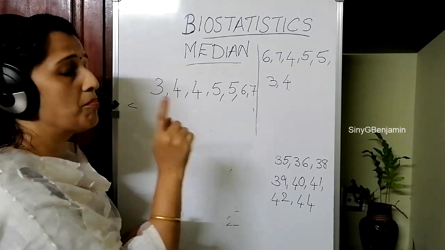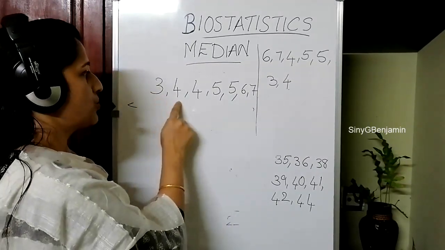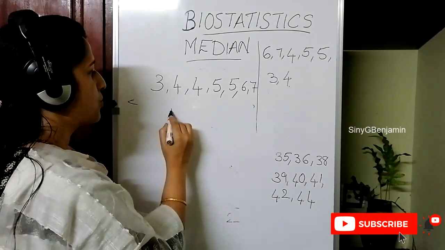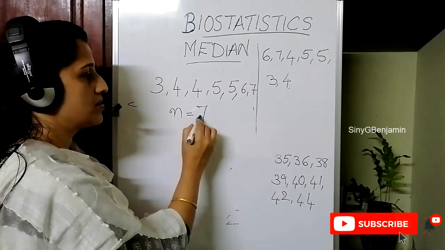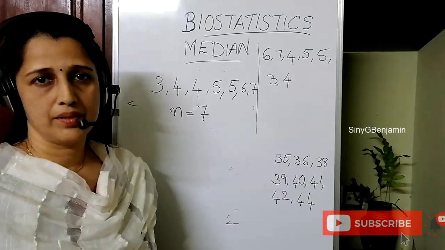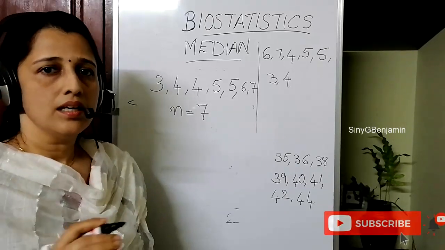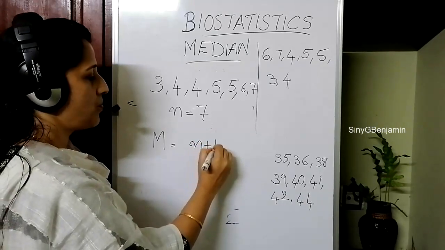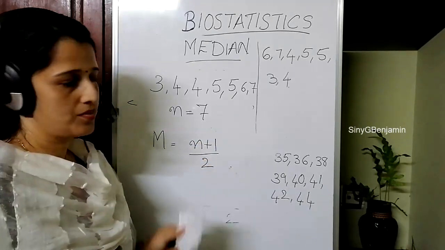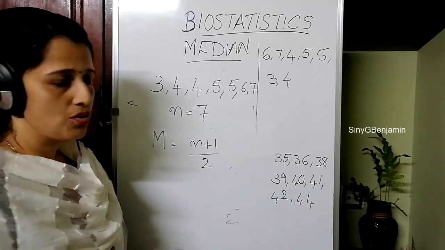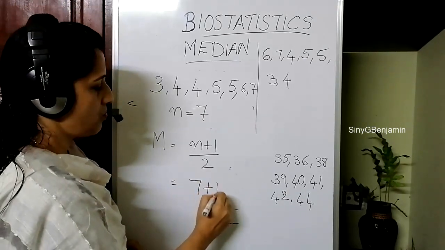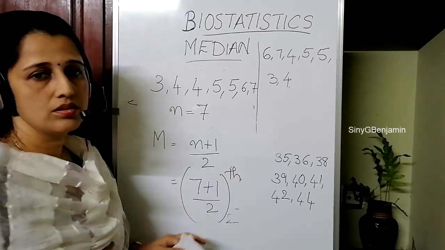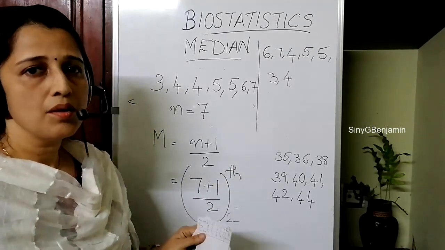Here the total number of observations we have to calculate: 1, 2, 3, 4, 5, 6 and 7. The number of observation or n is equal to 7, and 7 is an odd number. So to find the median, the equation which we use is median is n plus 1 divided by 2. Here n is equal to 7. So 7 plus 1 divided by 2. That item will be the median.